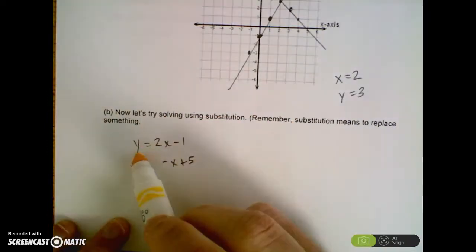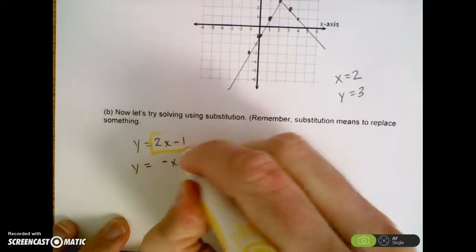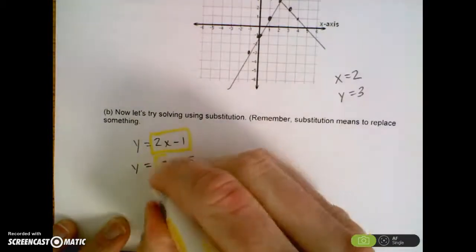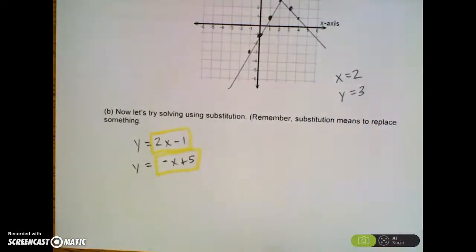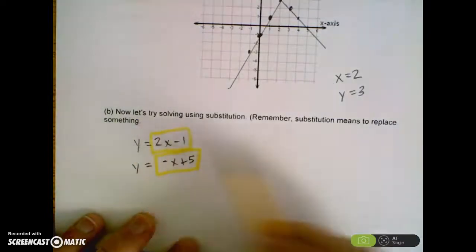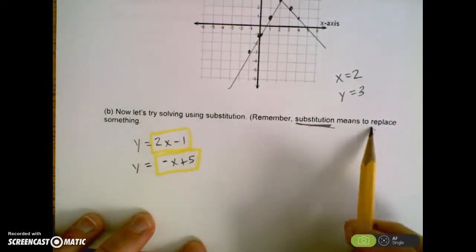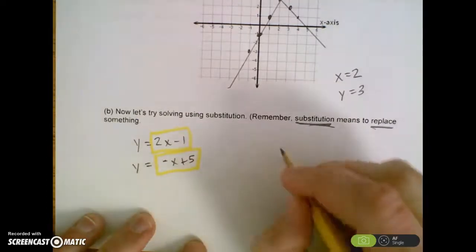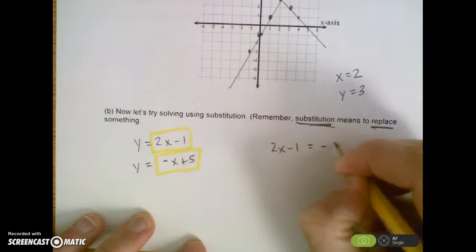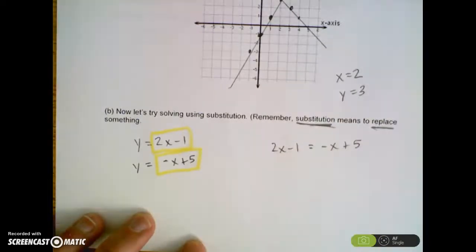So it's saying the value of y equals this whole thing that I put in the box, and the value of y equals this. So by the property of substitution, I can make these two values equal to each other because they're replacing the y's. That's what substitution means, you're replacing. So I'm going to say 2x minus 1 equals negative x plus 5.